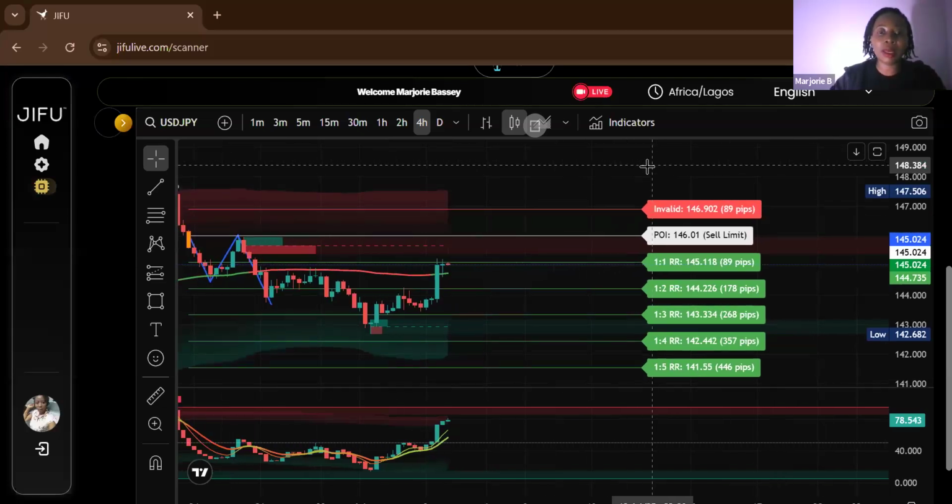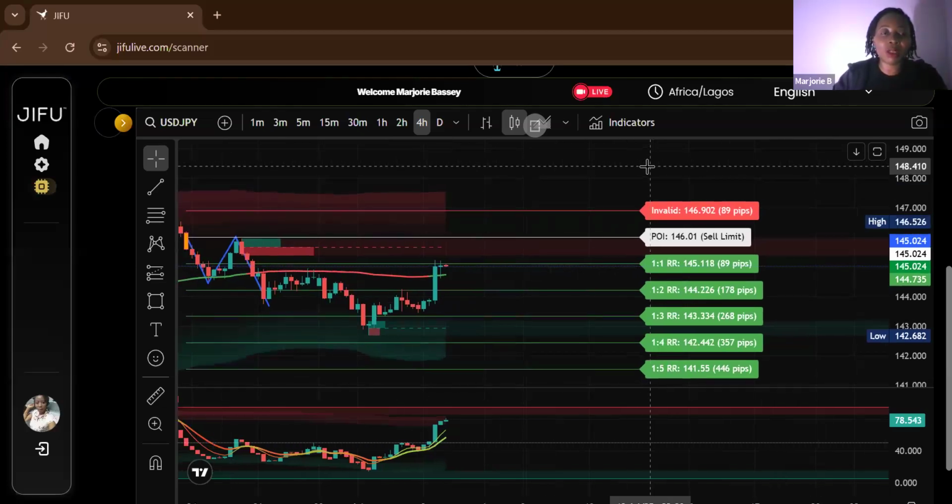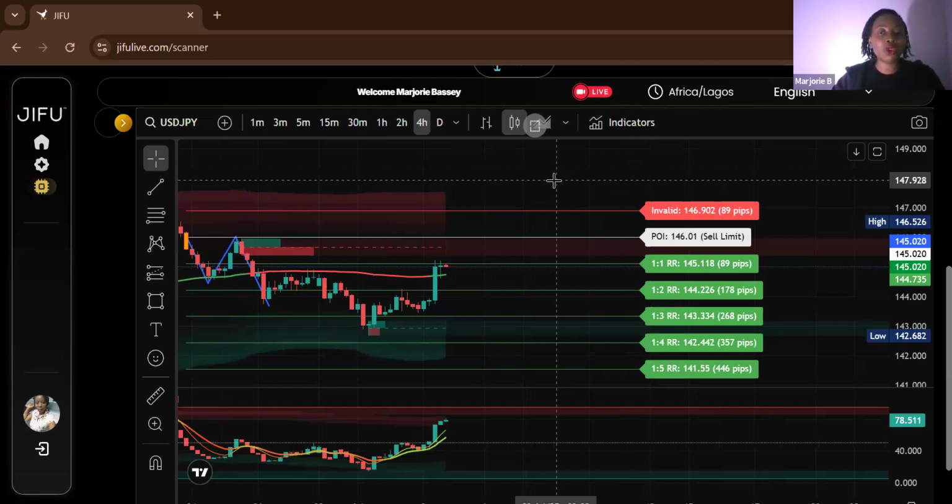Yes, so that is it. Please, you can stick to TP2, TP3, even though in a lot of instances Smartmonics trade ideas always hit TP5, but then you don't want to be in the market all the time.